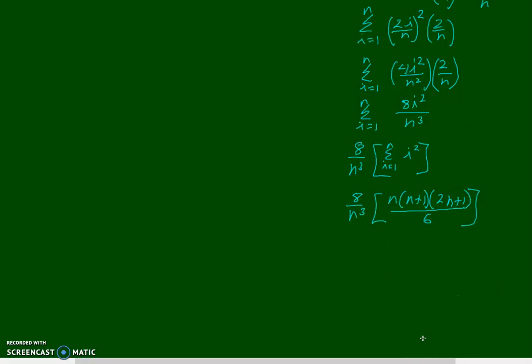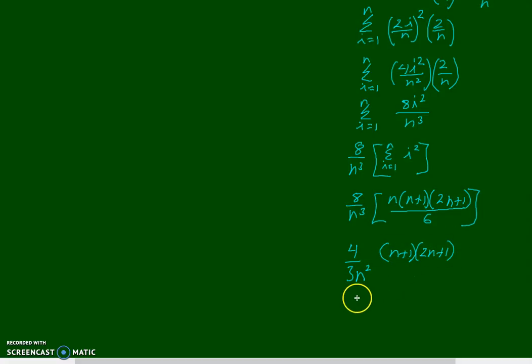Now we'll continue our simplification. 8 divided by 6 simplifies to 4/3. n divided by n to the third is 1 over n squared, and the result here is n plus 1 times 2n plus 1.